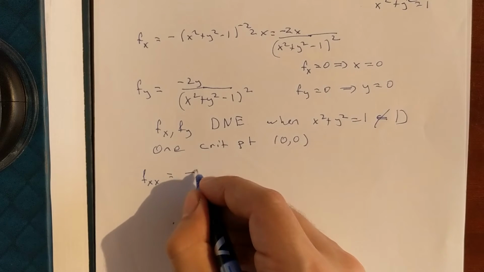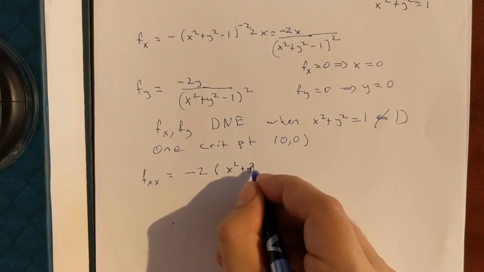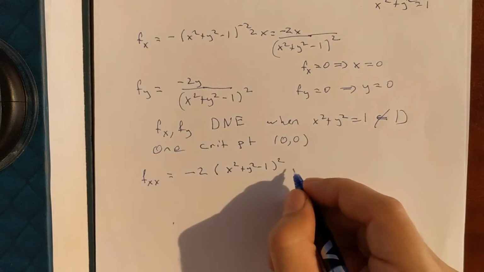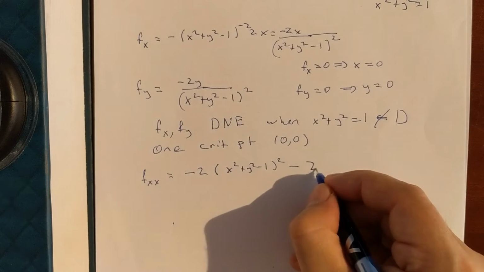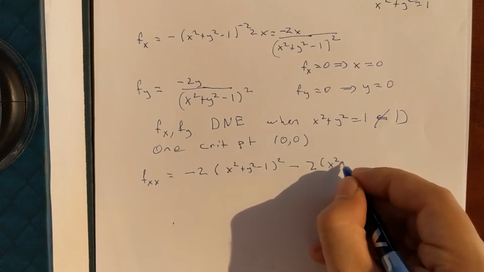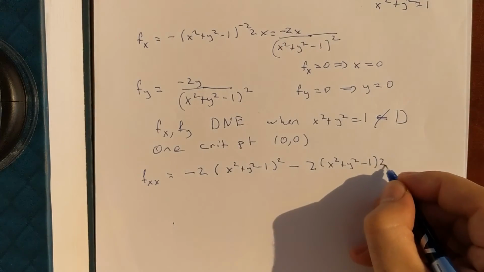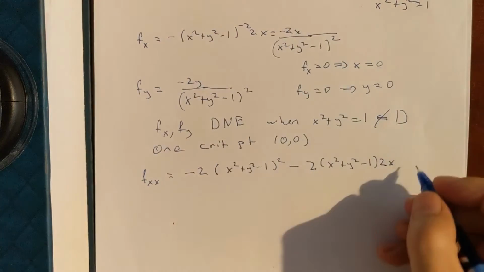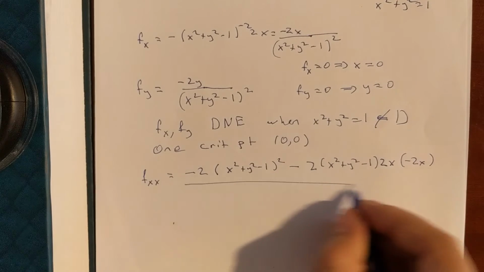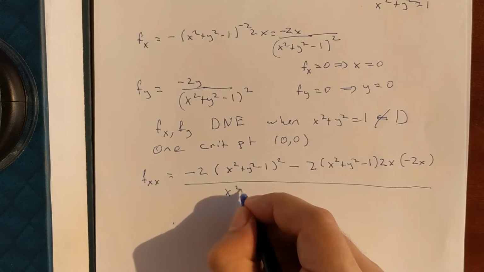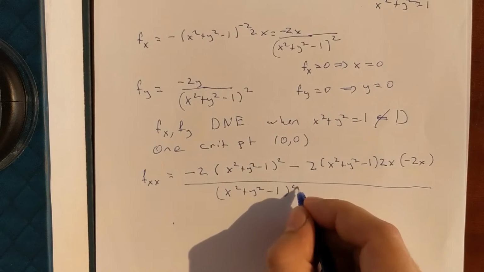The derivative of the top is minus 2 times the bottom, x squared plus y squared minus 1, the whole thing squared, minus the derivative of the bottom: 2 is going to come in front, x squared plus y squared minus 1 times the derivative of the inside with respect to x, that's 2x, times the top, don't forget the top, minus 2x, and we square the bottom: x squared plus y squared minus 1 to the 4th.